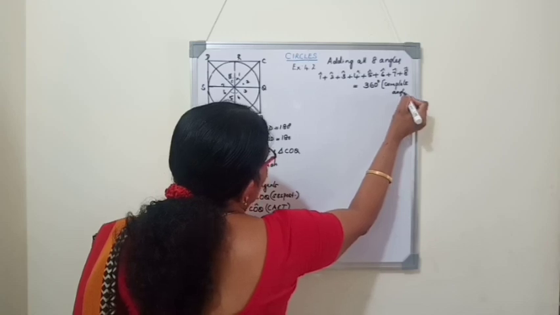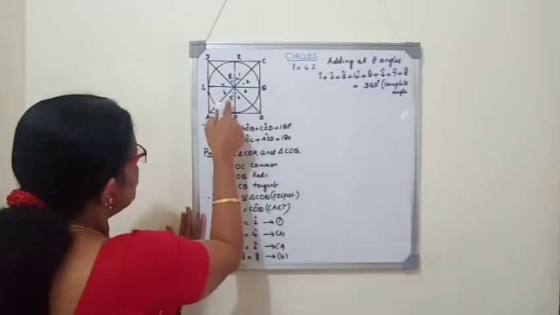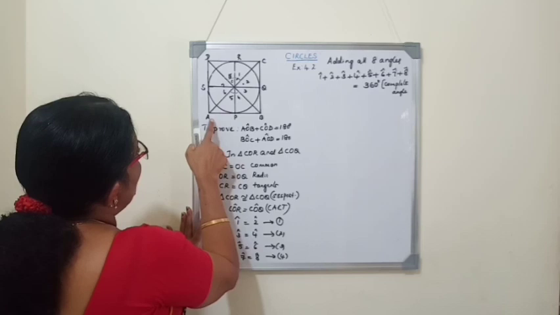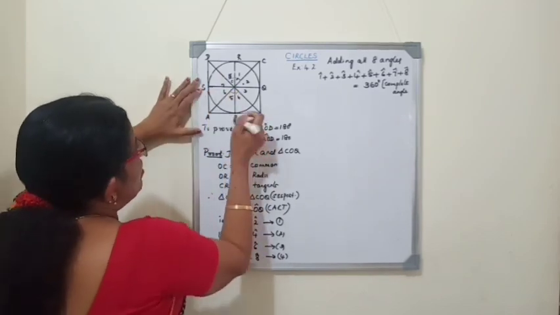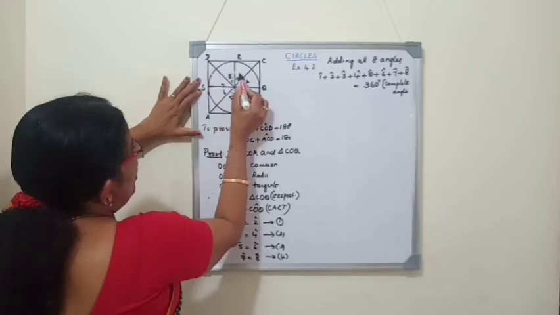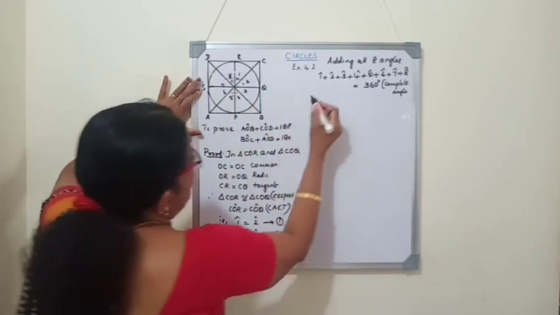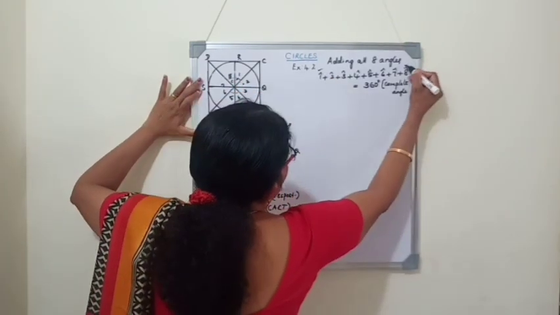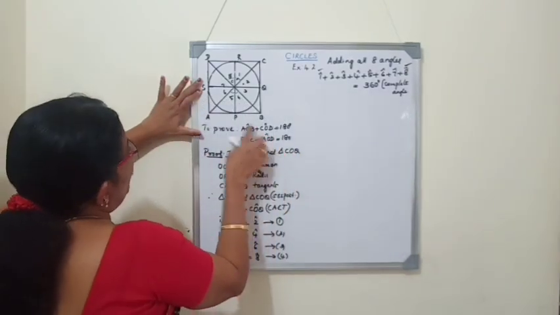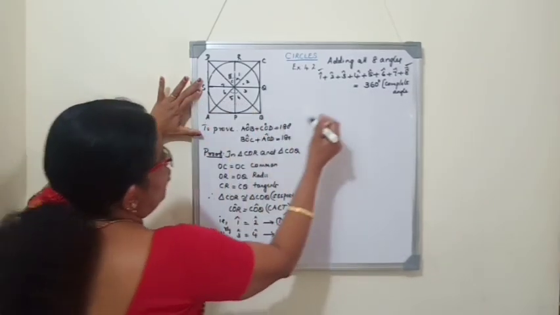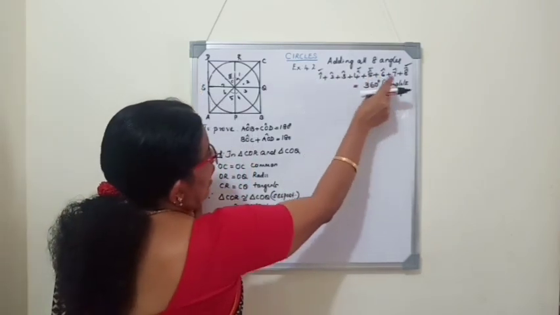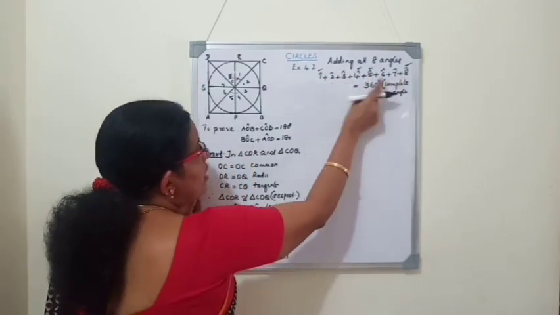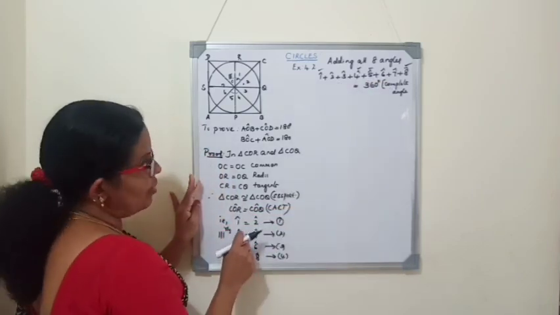So now, we wanted to prove that angle AOB plus angle COD is 180 degree in the first one. COD means which two angles do we want? 1 and 8 only. Angle 1 we needed, 8 also we want. To prove AOB, which two angles? 4 and 5 we want. So only these 4 angles we will keep as they are. All the remaining angles will change according to this.